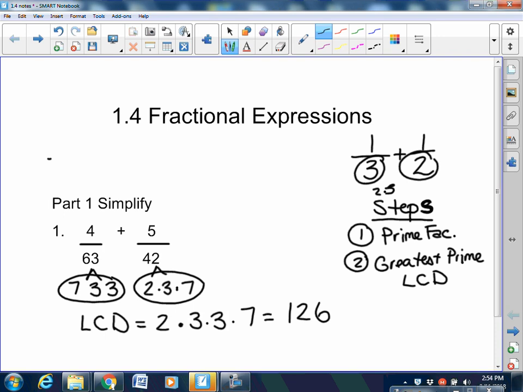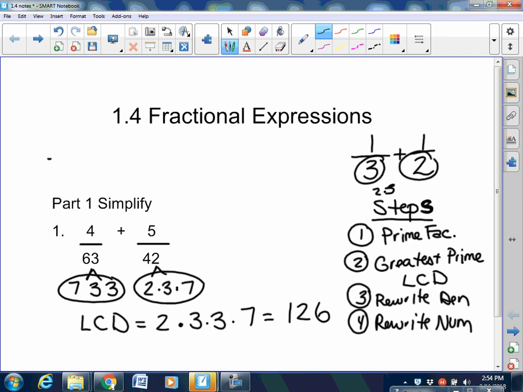So, okay, now, step number 3 and step number 4, rewrite the denominator, and also then you need to also rewrite the numerator. So it's not that hard to add and subtract fractions if you know the 4 steps. Prime factor, greatest prime, or LCD, rewrite the denominator, rewrite the numerator.